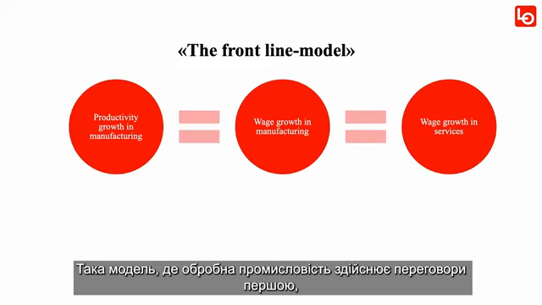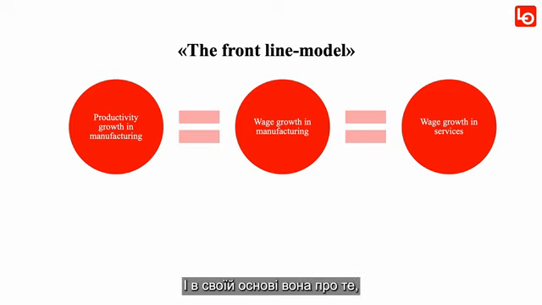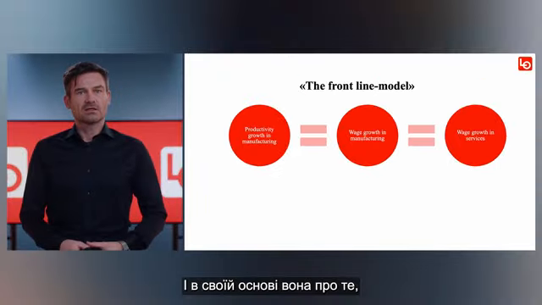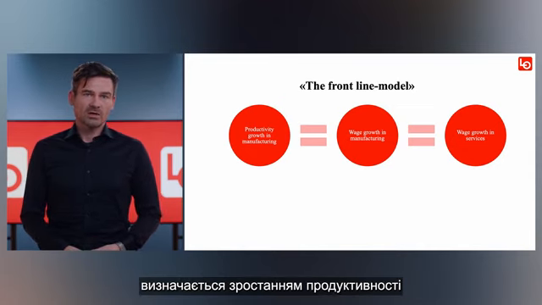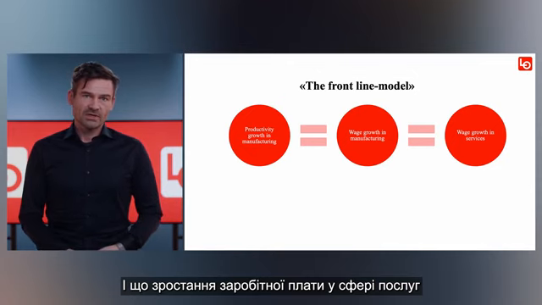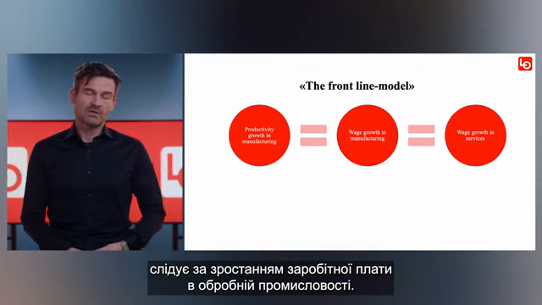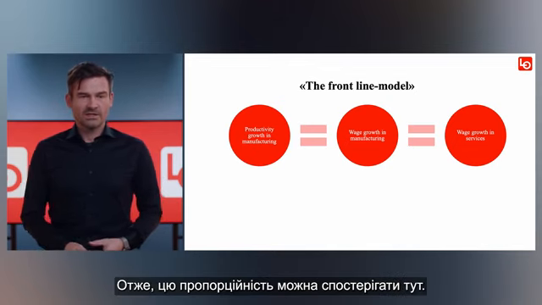So this model where the manufacturing industries negotiate first has been called the frontline model in Norway. Stripped down to its basics, it says that manufacturing wage growth is determined by productivity growth in the manufacturing industries, and that wage growth in service sectors follows the wage growth in manufacturing industries. So you can see this equality here.